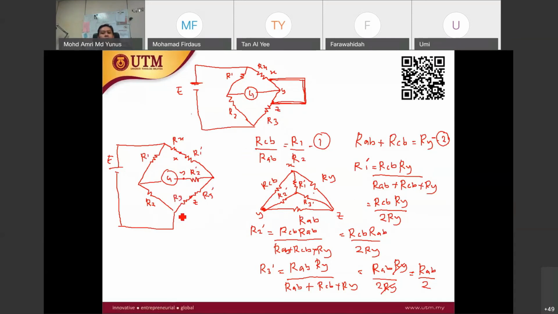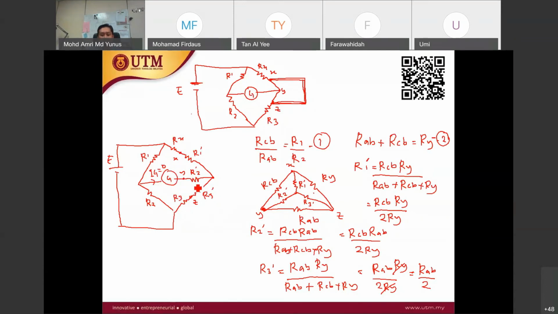So now it looks like a regular Wheatstone bridge. You remember that this is IG, okay, equivalent to 0, IG here. So this point here in the middle, it will be as good as the open circuit.